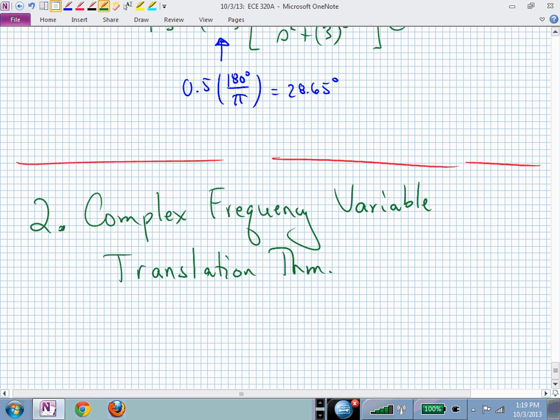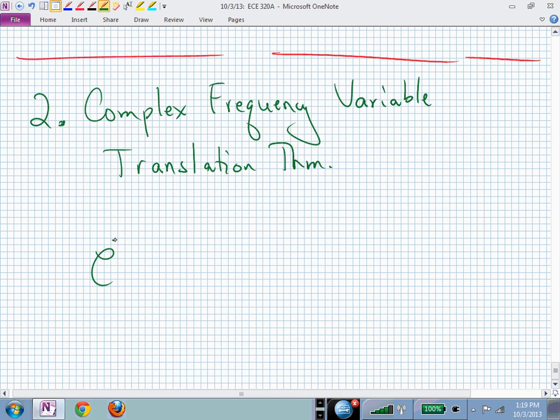Complex frequency variable translation theorem, which said if I have an e to the minus at f of t, if I knew what f of t's, little f of t's Laplace transform was, if that was F of s, then when I weight that by a complex exponential, everywhere I had an s in my original Laplace transform, I simply substitute s plus a, and I have my new Laplace transform.